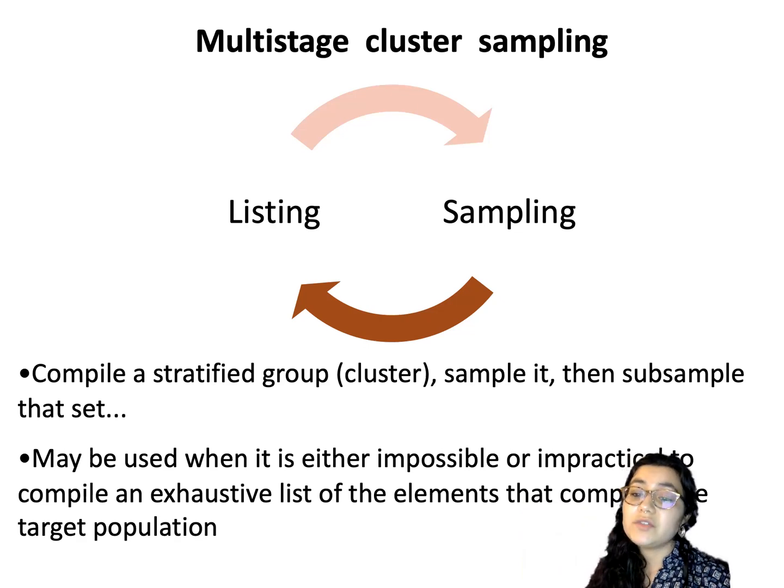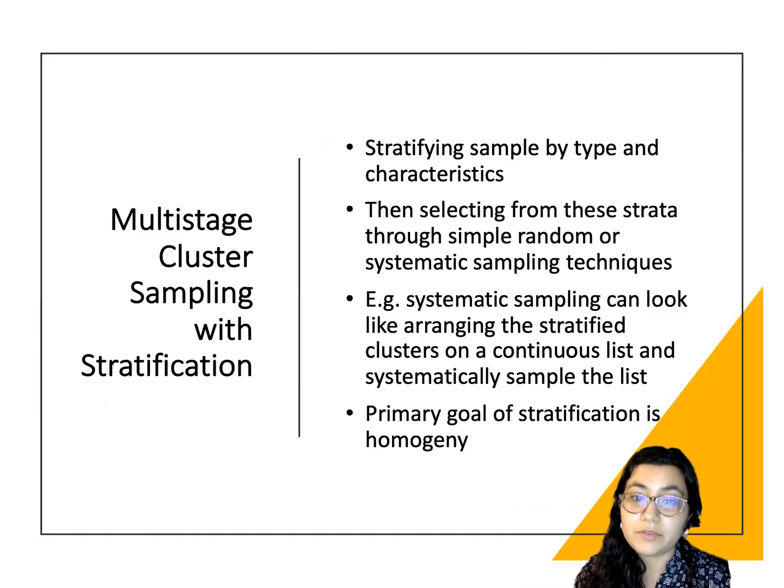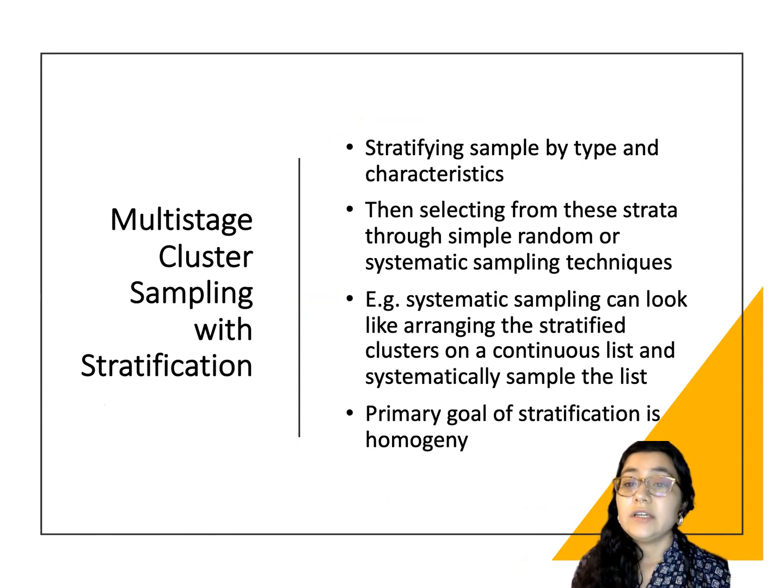And so this may be used when it's either impossible or impractical to compile an exhaustive list of elements that compose a target population. And I'll give you a tangible example of this in a second.